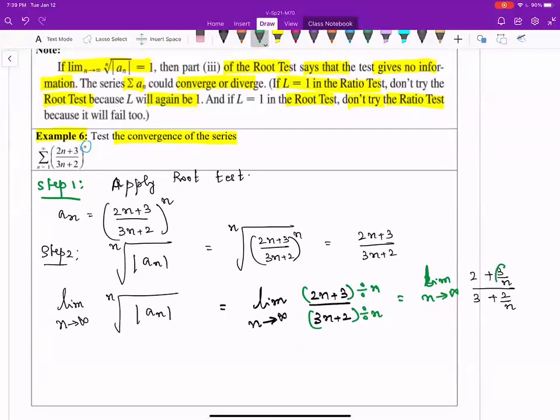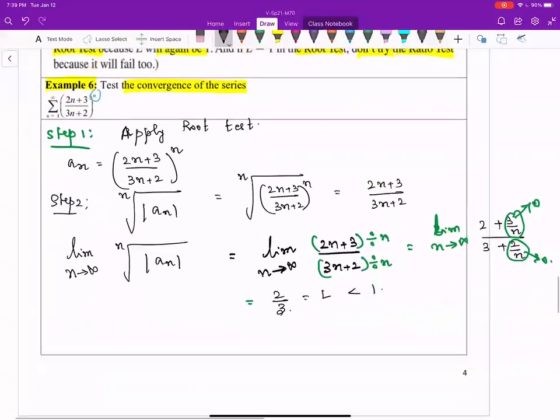We notice that this is 0, and also this one is 0. So we are left with 2 over 3. This quantity is less than 1.